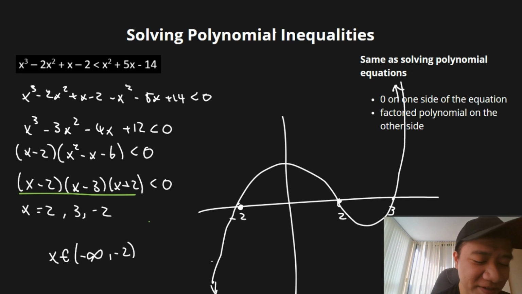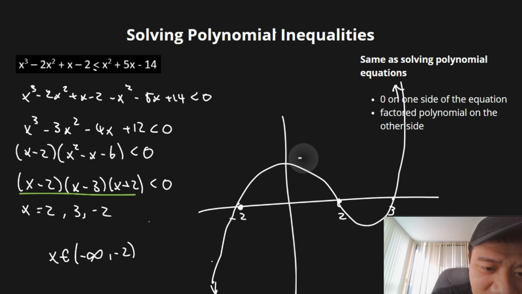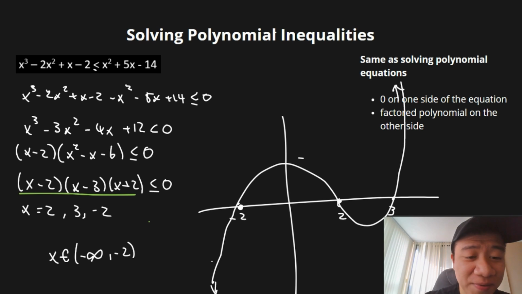If, let's say, for example, we had this instead in the beginning, let's say instead we have a less than or equal sign. Since we're including numbers that make this guy equal to 0, we're actually going to include the number negative 2 in our interval here.